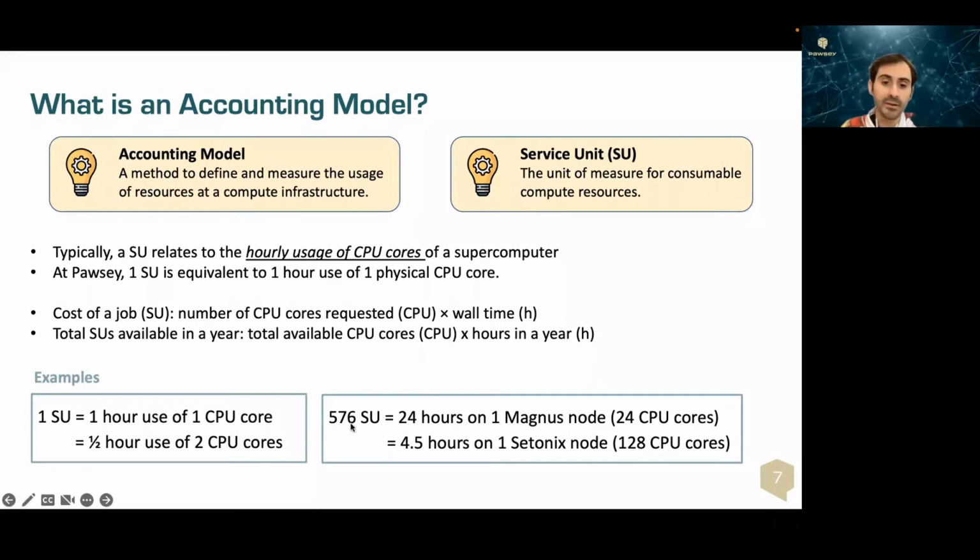So if you pick up 576 service units, this amounts to 24 hours, so 1 day of run on one Magnus node. So one Magnus node has 24 cores. Whereas if you go on Setonix, our current supercomputer, that will amount to 4.5 hours on one Setonix node, and that's because one Setonix node has got 128 CPU cores.